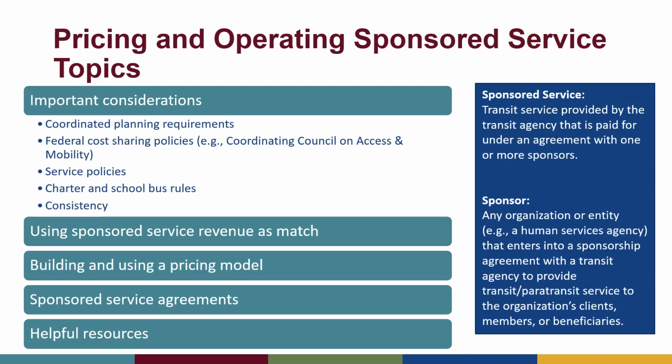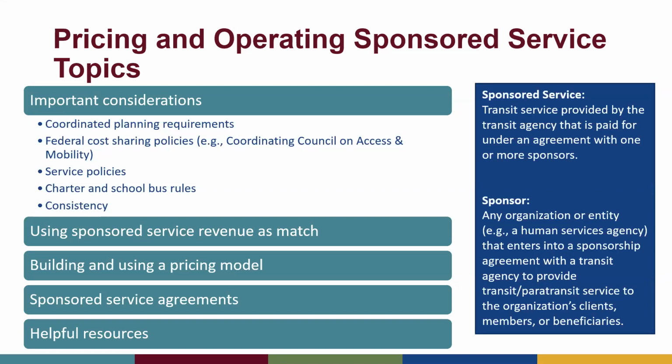And so we use the term sponsor to, like Nancy said, any third party, for instance, a human services agency, which is the most typical way we see this. And that entity, that third party, is paying for transit service. It can be in different types, and there's usually some sort of written agreement, right? So that's when we use the term sponsor to represent that entity, and sponsored service is the service you're providing under that agreement.